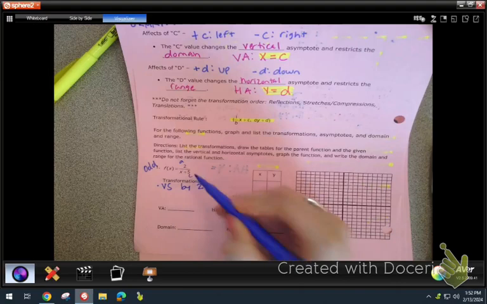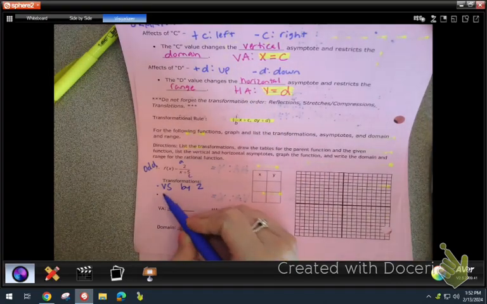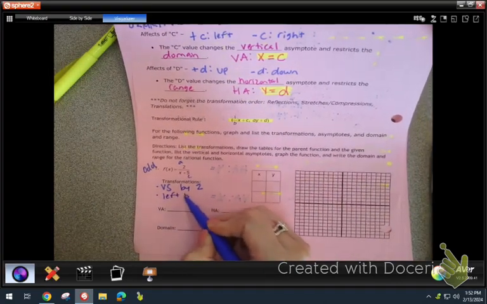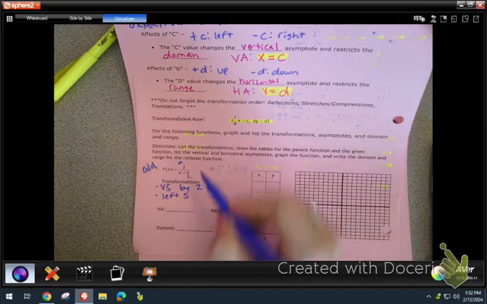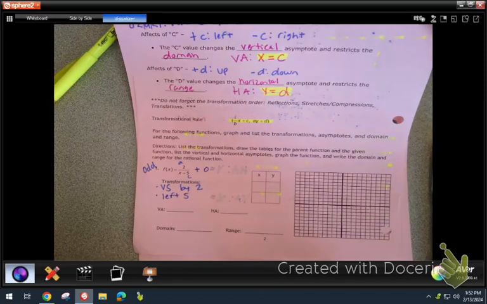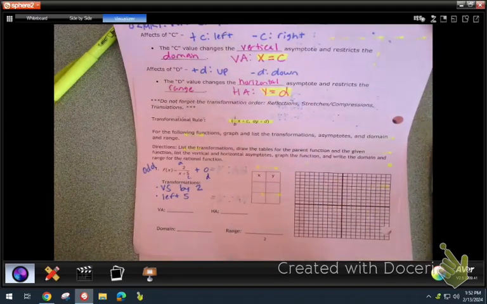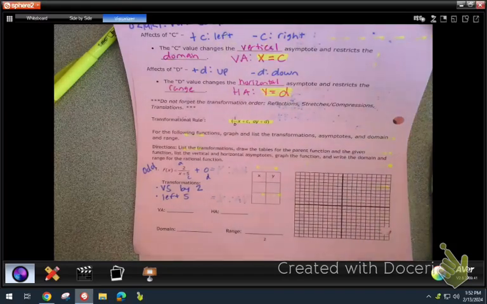That's a C. So what is that really doing? That's going left 5. Now, is there a D value there? What does that assume to be if there's not one? 0. Okay, so I'm going to write that there just for a second because that's going to help me with my asymptotes here. But if you don't have to write it there, then don't worry about it. But I want you to see where these are.